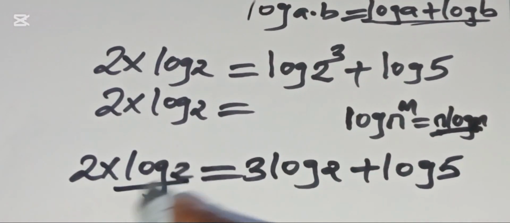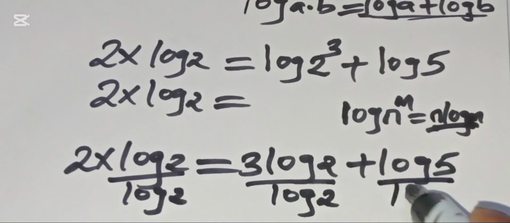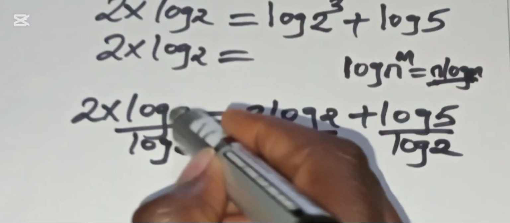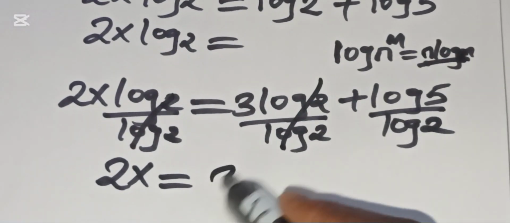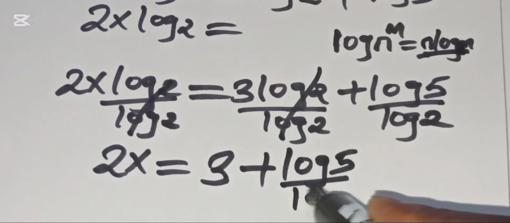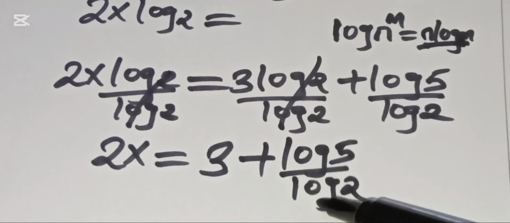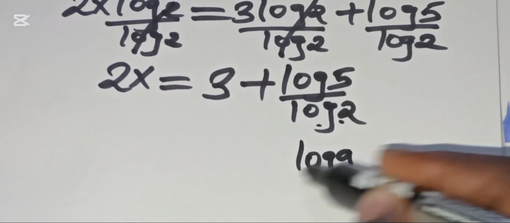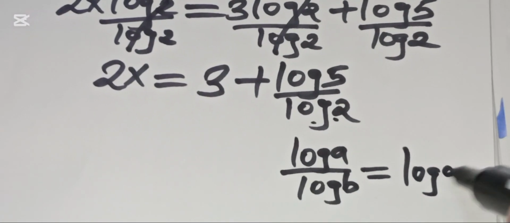So we divide both sides by log 2, and the same case here by log 2. Now from here, we simplify this so that we're going to have 2x. This is equal to 3 plus log 5 divided by log 2. Now again, as you can see, log 5 divided by log 2 is in the form of log a divided by log b, which we can transform as log a to base b.